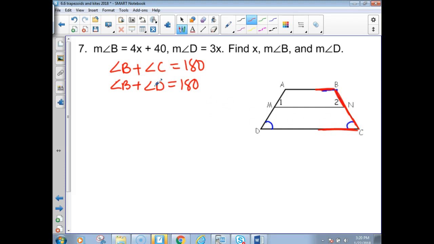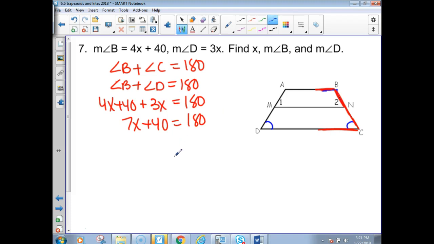So then I can just do 4x plus 40 plus 3x is 180. Combine my like terms and get 7x plus 40 equals 180. And I subtract 40. I get 7 times x is 140. And then divide by 7 to get 20 for x.